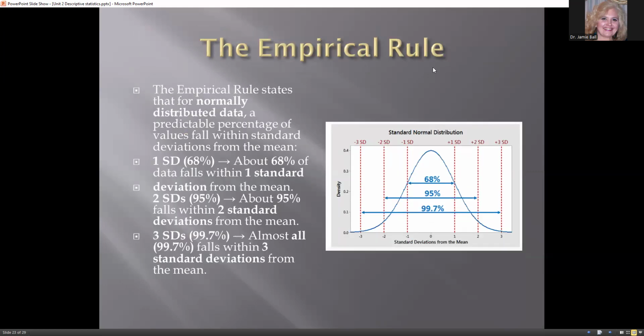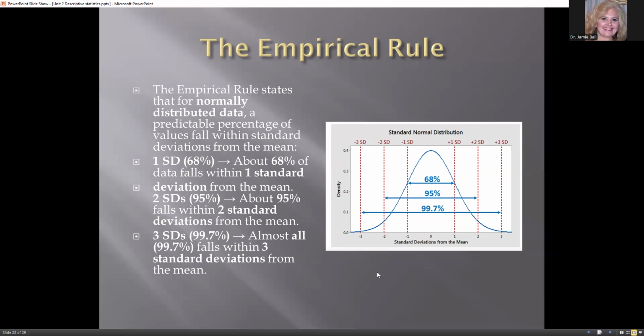Okay, so here's the empirical rule, so you can see these standard deviations, right? It states the first standard deviation indicates 68% of our data falls within the first standard deviation, either right below or right above the mean.